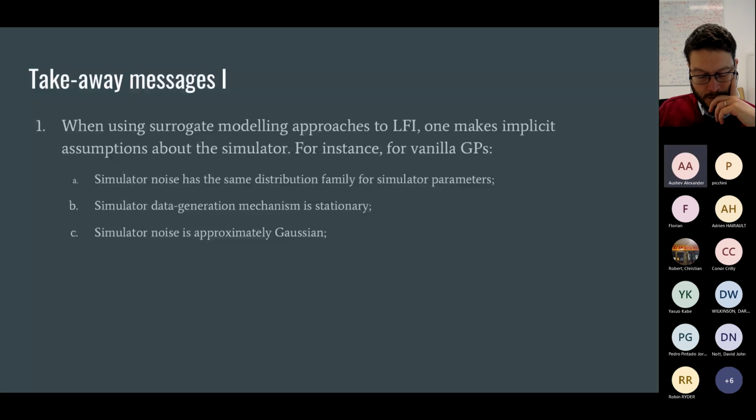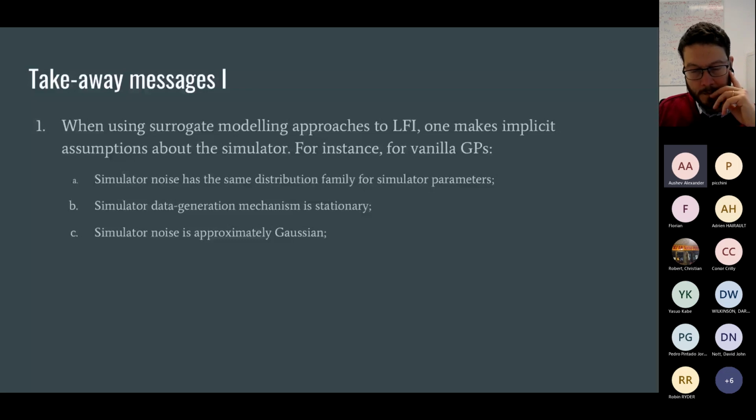So at all simulator parameter locations, we are assuming that the simulator data generation mechanism is stationary, and we're assuming that the simulator noise is approximately Gaussian. So when we know all this about the simulator, it is fine to use Gaussian process, and we would get good results with it.